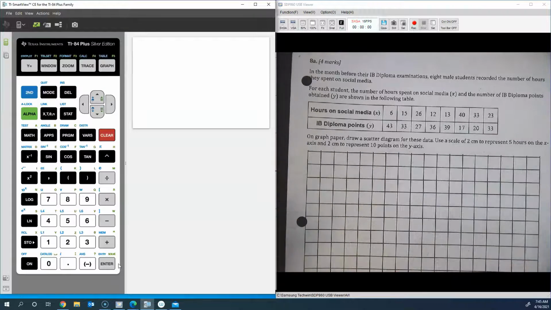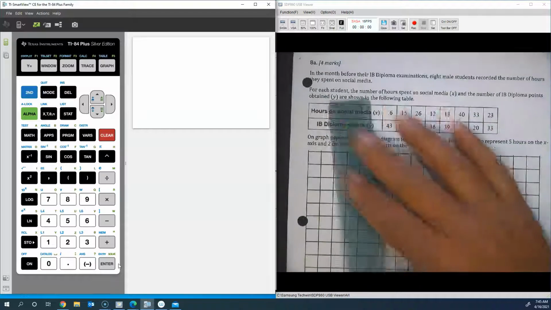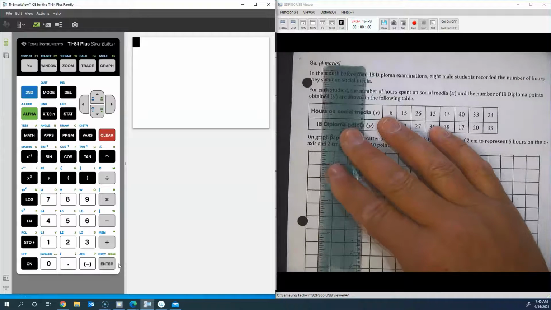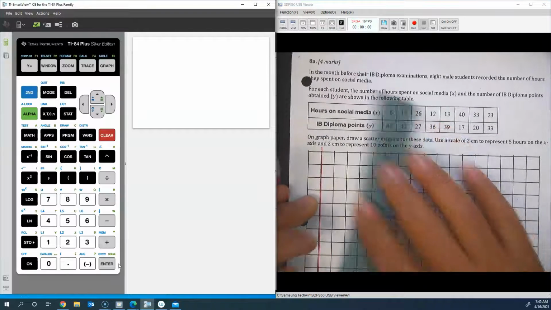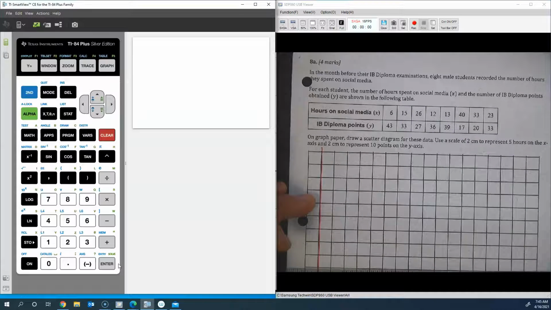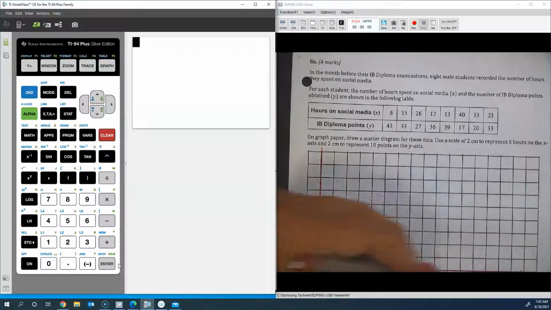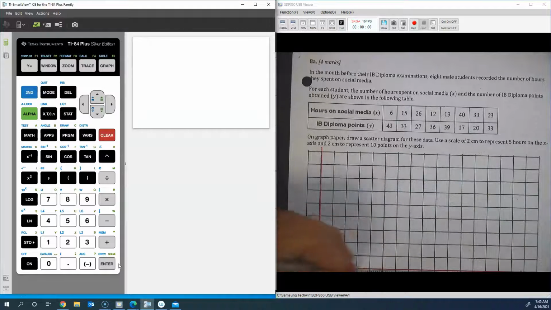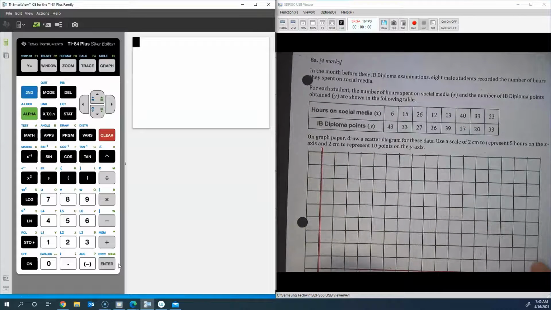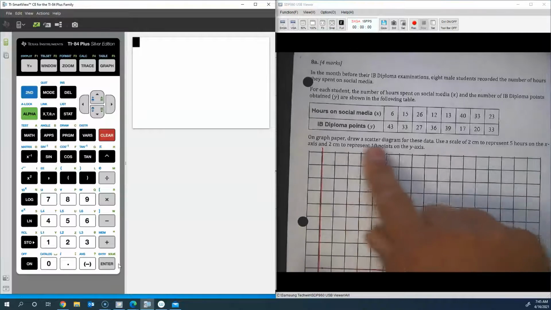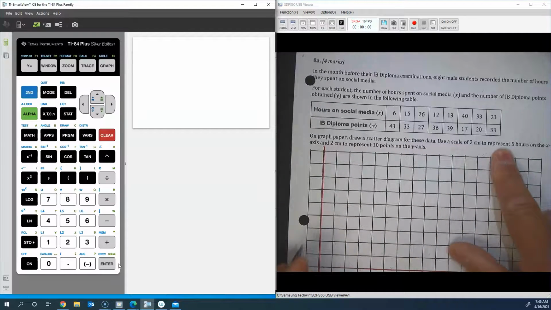All right, so as you're setting up this table, our X and our Y axes. Our x-axis is going to be hours, and it's going to be 2 centimeters is 5 hours.